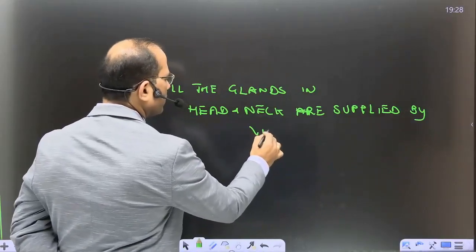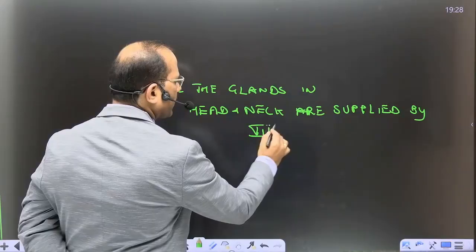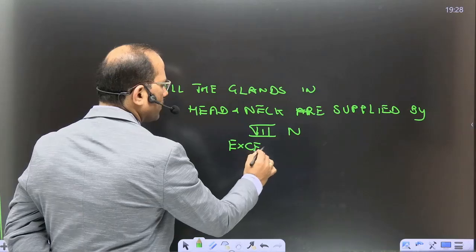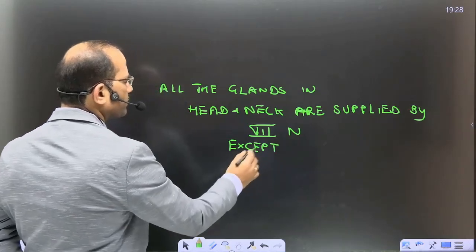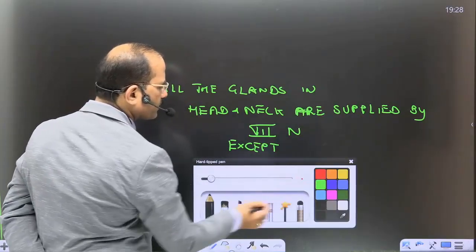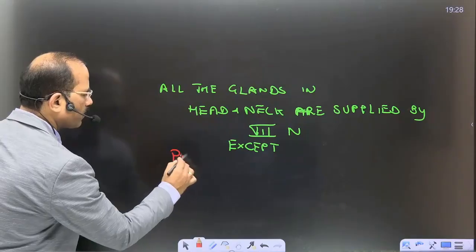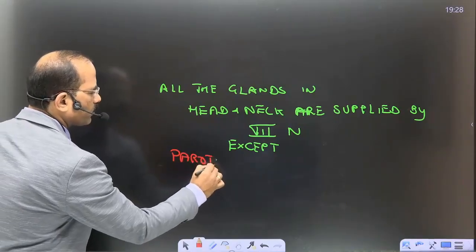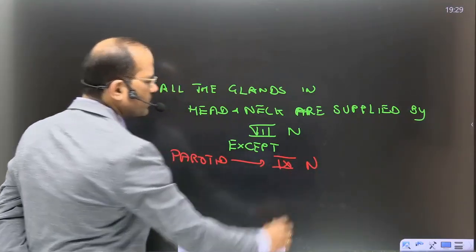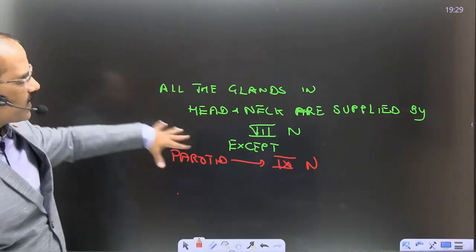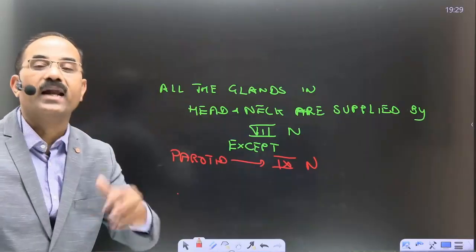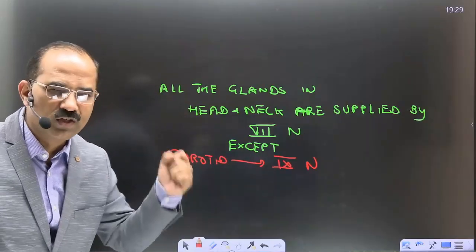Facial nerve. All the glands in the head and neck are supplied by the facial nerve except the parotid gland, which is supplied by the glossopharyngeal nerve.